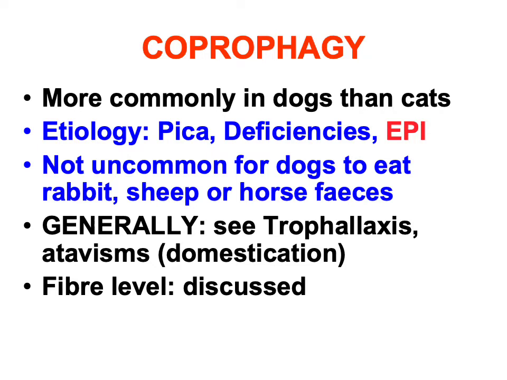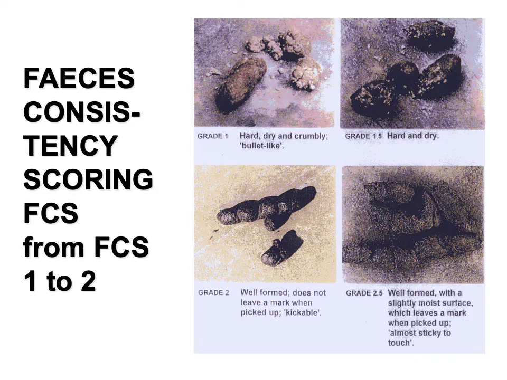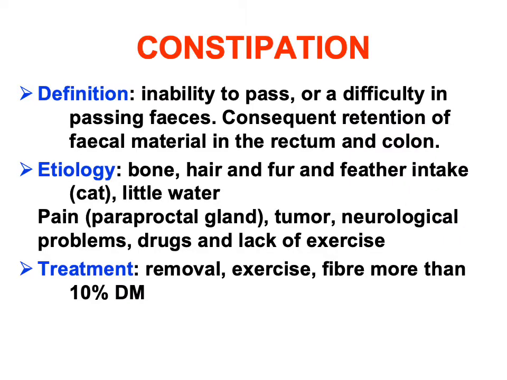We move on to the other extreme of the feces consistency scoring, namely the hard feces, consistency score 1 and 2. And this is the case of the constipation or obstipation, which means a severe form of the constipation.